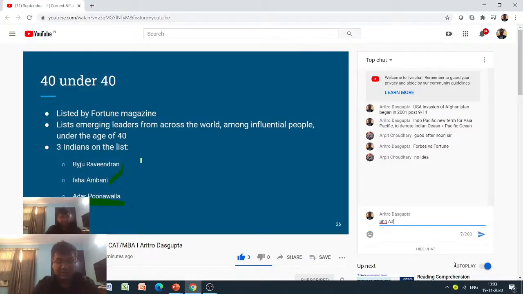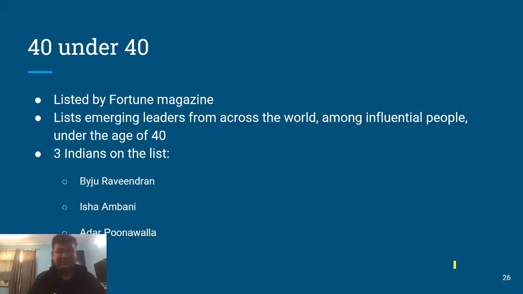I will write it down. Adar Poonawala heads the Serum Institute of India, which is the SII, and located in Pune. Now tell me, I've told you who he is, what is his significance right now in our lives?